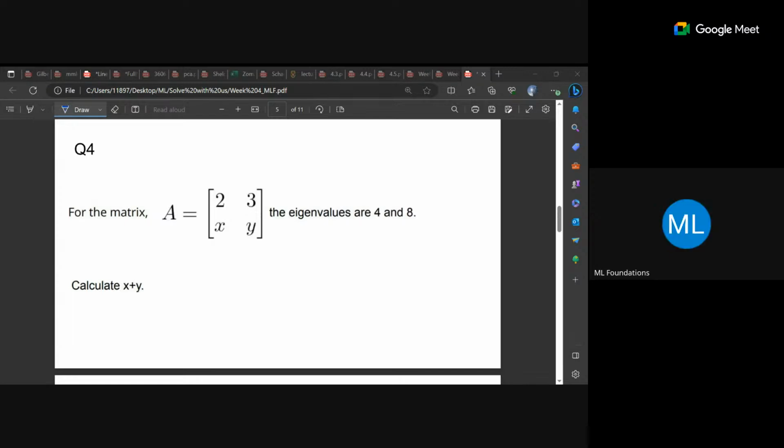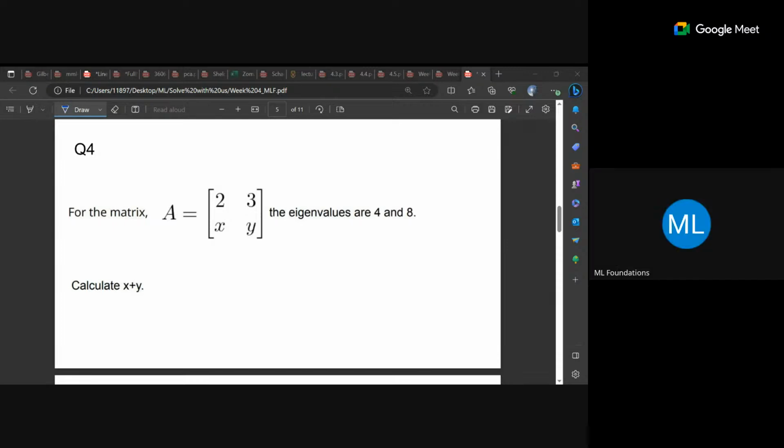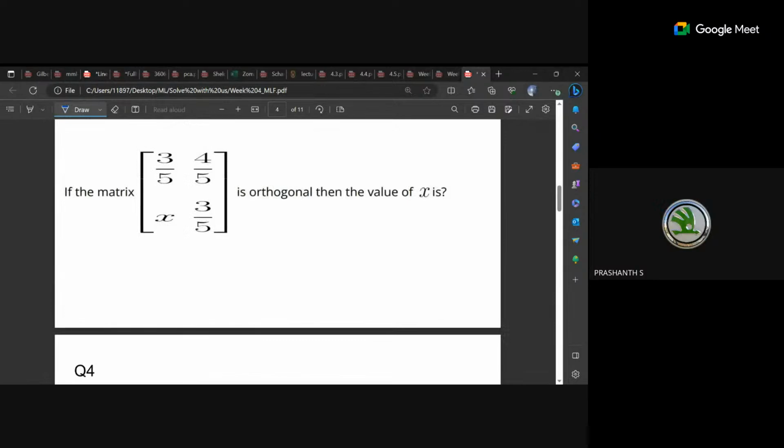Yes, ma'am. But I think it's x equal not 4, it should be minus 4. X plus y is equal to 6. Yeah, x plus 5 would be 6 and not 14. I'll just write the answer for this also. X will be minus 4, y will be 10.